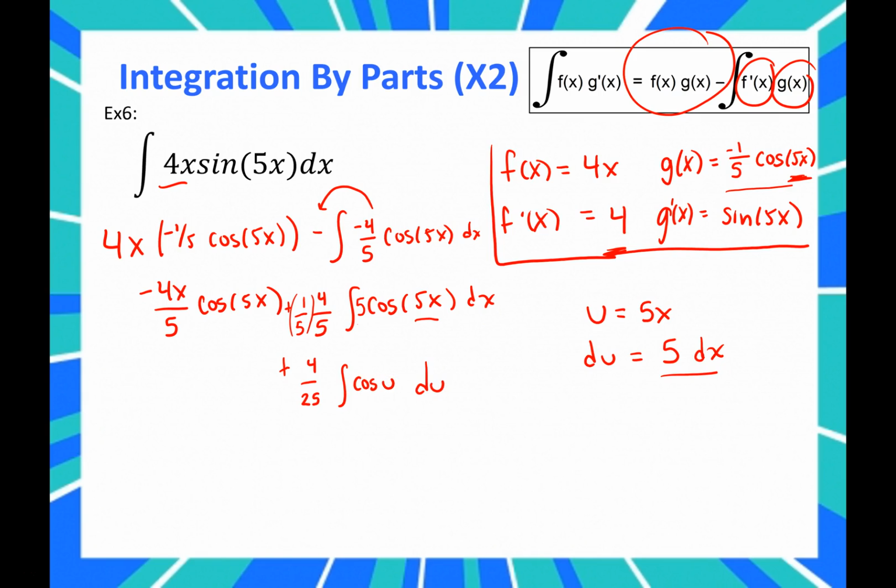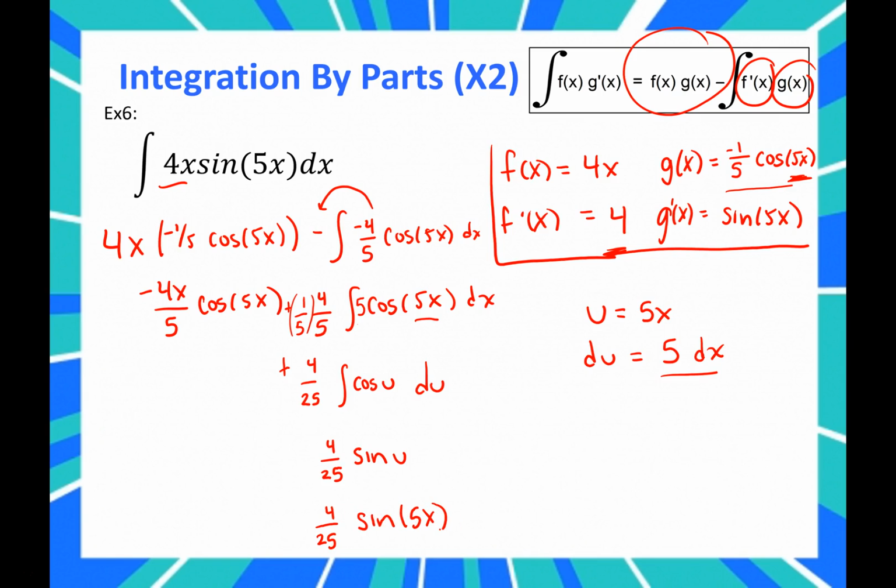Now integrating cosine of u gives me just plain old sine of u, and don't forget my 4 over 25. And then just remember that I'm plugging back in for u, so the integral of this is going to be 4 over 25 sine of 5x.